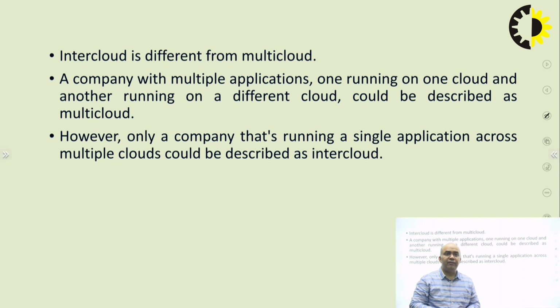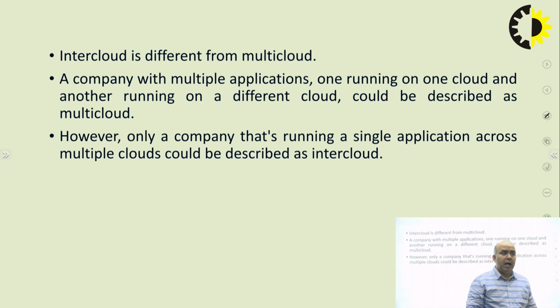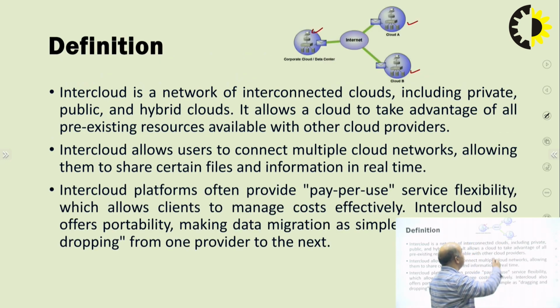So intercloud is different from multi-clouds. A company with multiple applications, one running on one cloud and another running on a different cloud, can be described as multi-cloud. However, only companies that are running a single application across multiple clouds can be described as an intercloud. In this example, we say this is company X. They are using cloud A and cloud B, and their applications are running here.